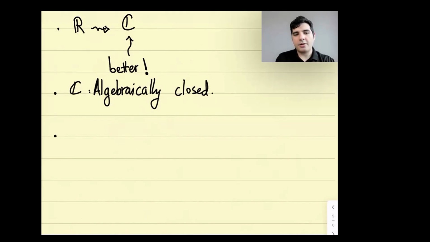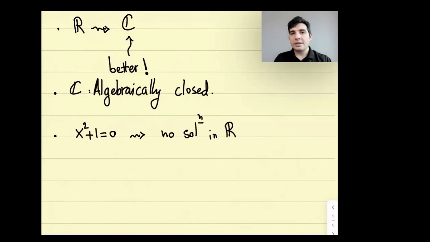So we know in R there are polynomials like x squared plus 1 equal to 0 that don't have any solution in R. This does not happen in C. Any polynomial in C has a root, has a solution. So we know x squared plus 1 has one solution at least, that's i. We know it has, in fact, a second solution.